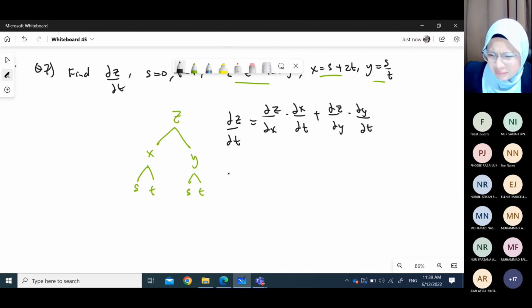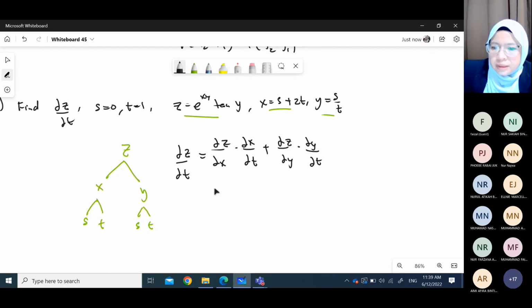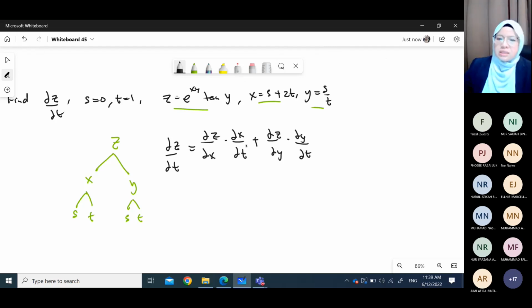Try, kita buat sama-sama. Kita cari del z del x. So we differentiate with respect to x on z.